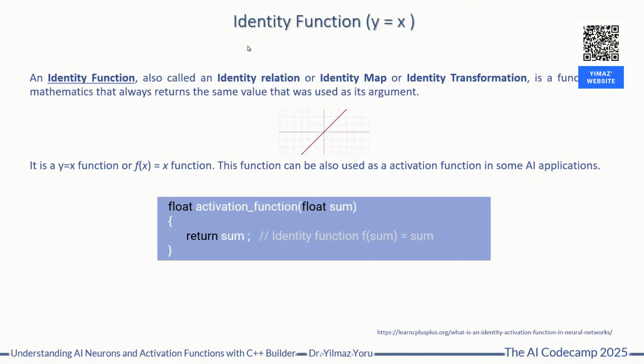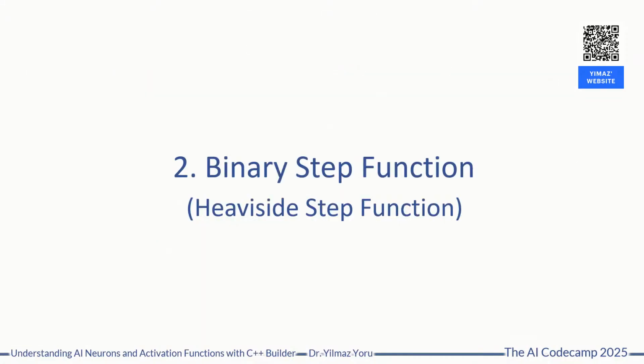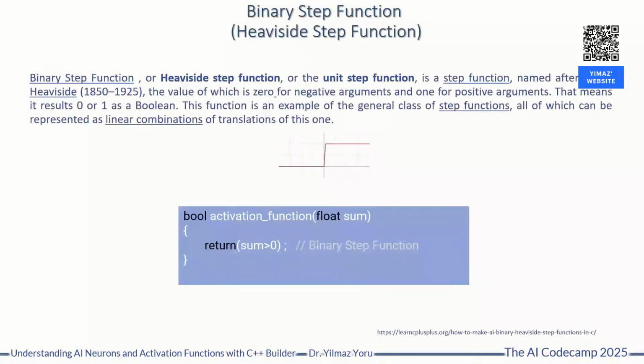Also this function is very important when you are training, because when you are training you need the derivative of these activation functions. So it is very important for better and faster computation when you are training your artificial intelligence.